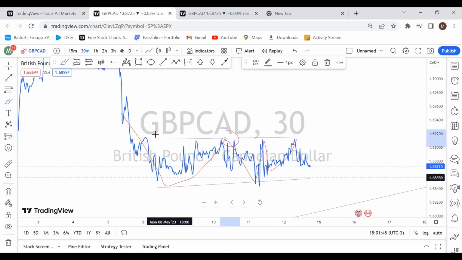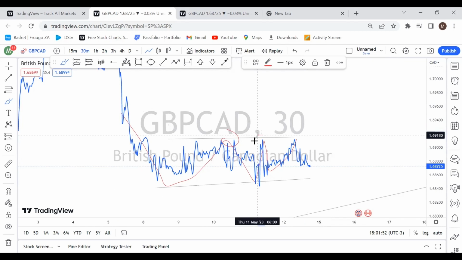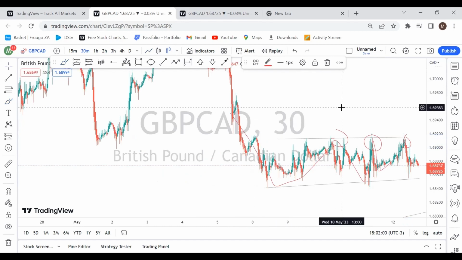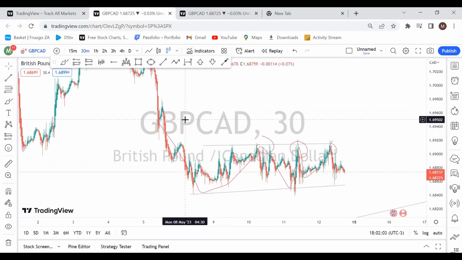I count this as one touch according to the actual formation of this whole correction, right? So this is my second touch, and we have our third touch right there. So change back to this type of chart, and this really helped me to figure out which is which.